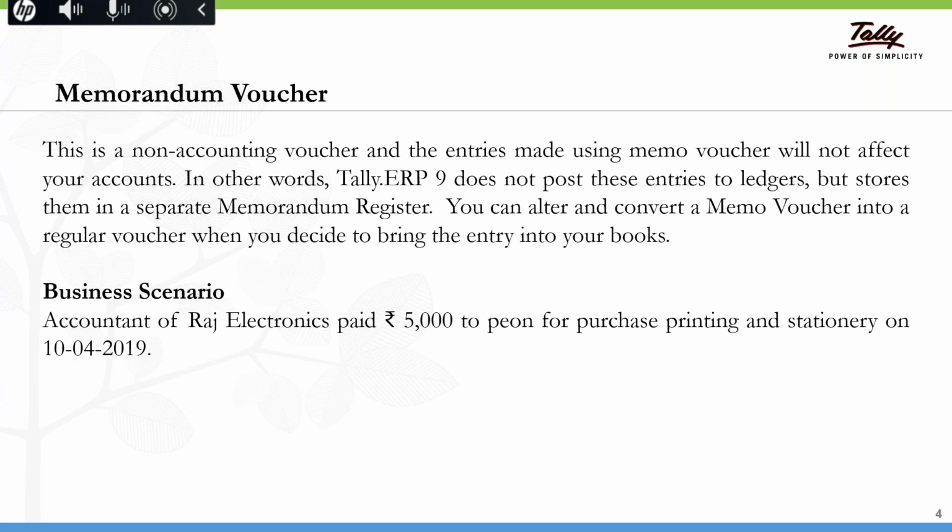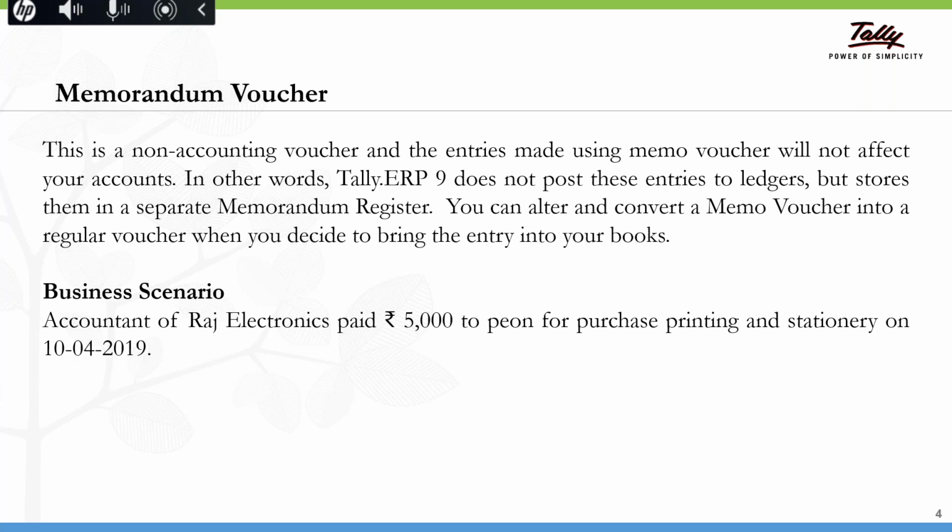The accountant doesn't know what the actual cost of printing and stationery will be, so for the time being he can use a memorandum voucher. After that, when he gets the actual bill, he can transfer this entry from memorandum to payment voucher.